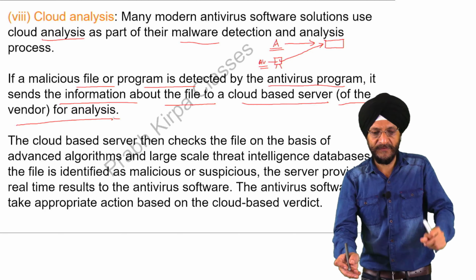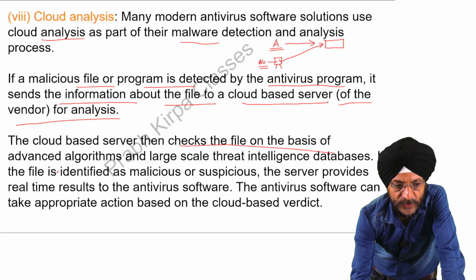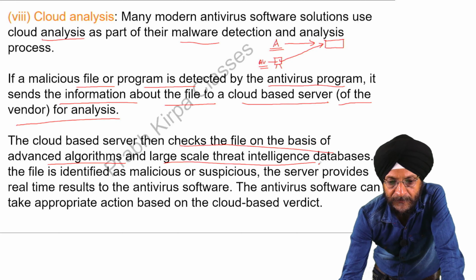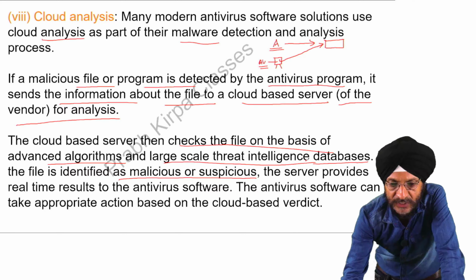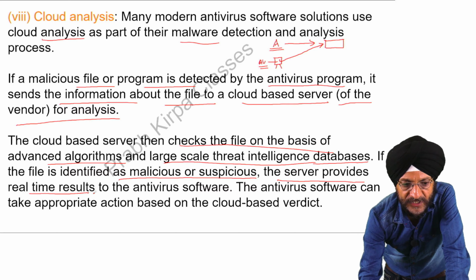The cloud-based server then checks the file on the basis of advanced algorithms and large-scale threat intelligence databases. If the file is identified as malicious or suspicious, the server provides real-time results.